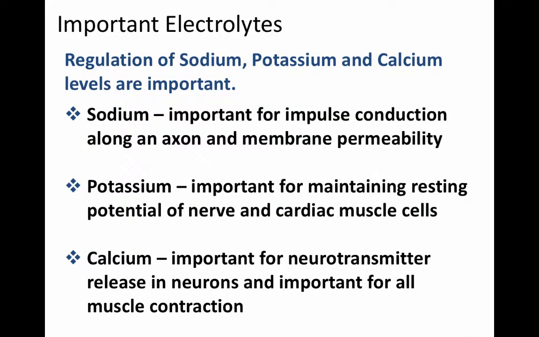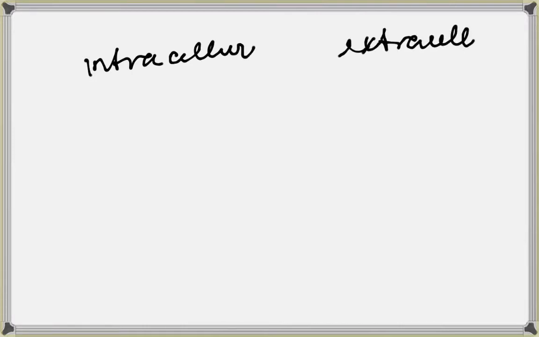Now, we have basically intracellular fluid and extracellular fluid. If you remember from the last one, intracellular fluid is the fluid that you're going to find inside a cell, and extracellular fluid is outside the cell.